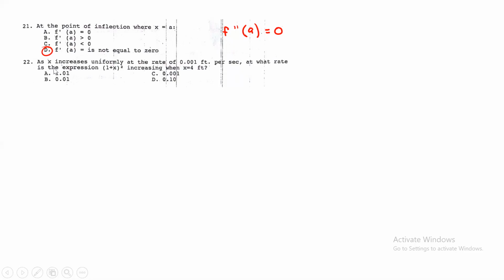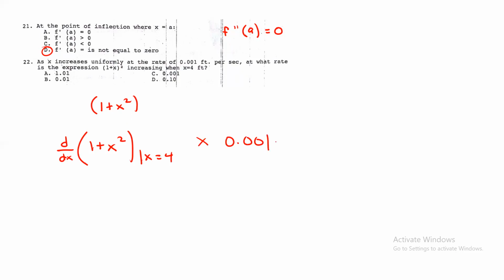22. As x increases uniformly at a rate of 0.001, at what rate is the expression 1 plus x squared increasing when x is equal to 4? Kahit i-type lang natin ito sa calcu, guys. D over dx of 1 plus x squared at x equal to 4, then multiply by 0.001.